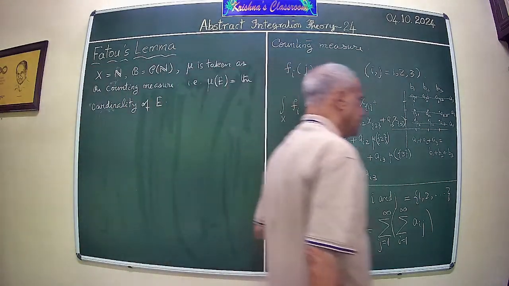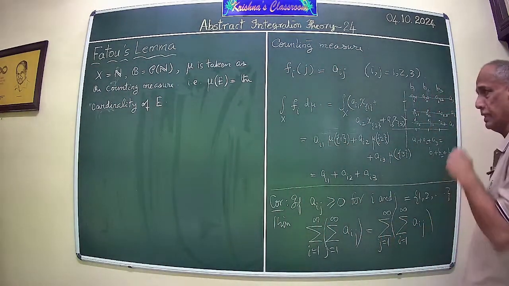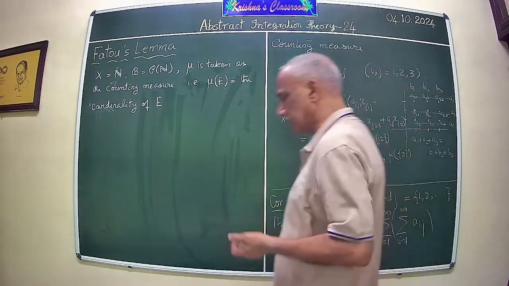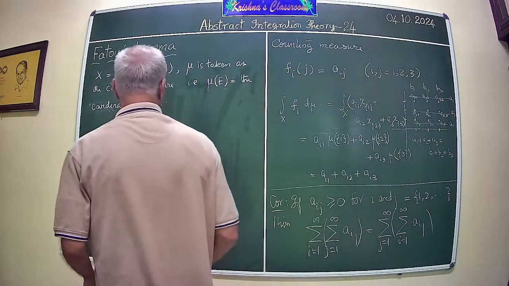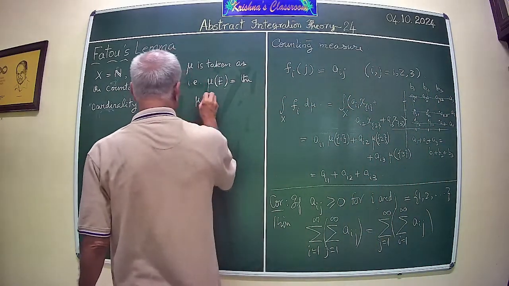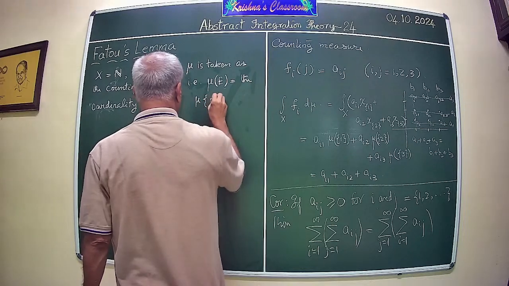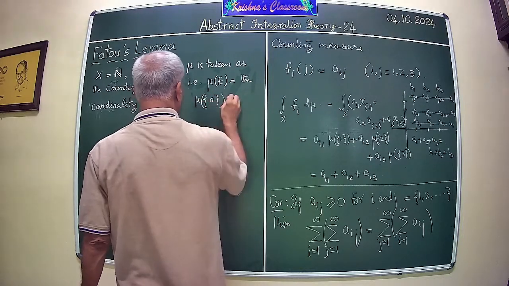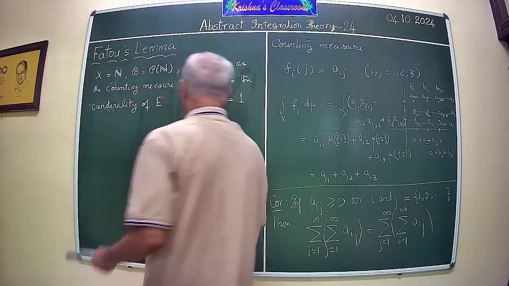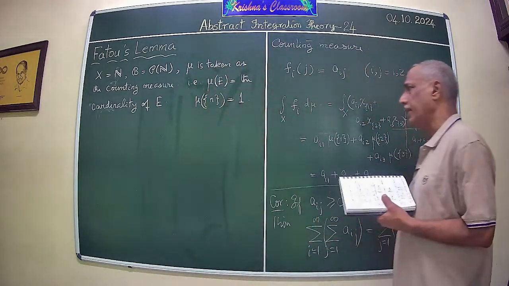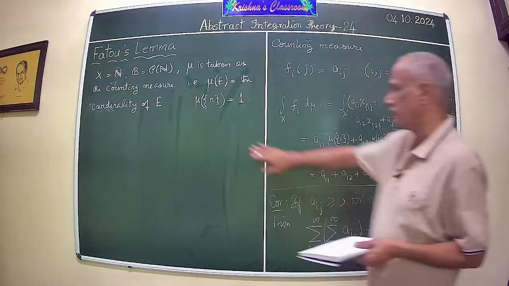May be finite or infinite depending on what E is. In fact, for singletons, it is going to be 1. So mu of {n} is 1 for each n, this is the case. Right.